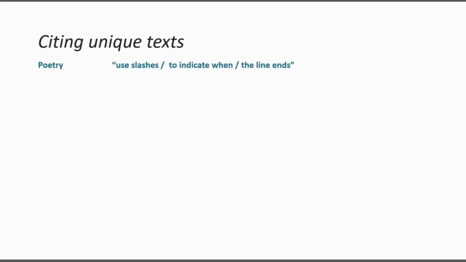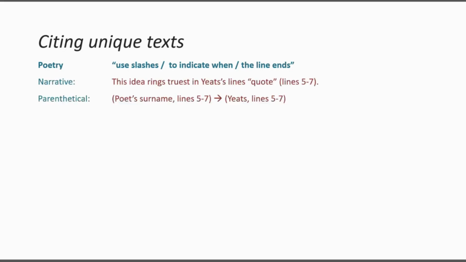So here we have poetry, where in the quote we use slashes to indicate a line break or the end of a line. And in this narrative citation, you'll see that the word lines is included before the line numbers. And in the parenthetical citation, you'll see another example of that exception I mentioned, where we do add a comma after the author's name because the word lines comes before the numbers.